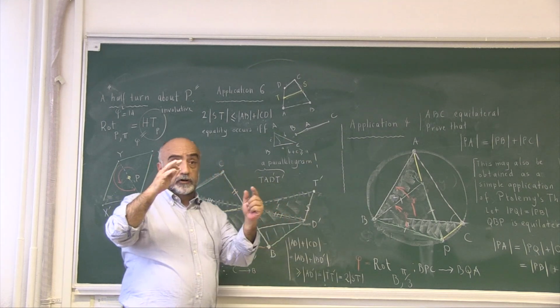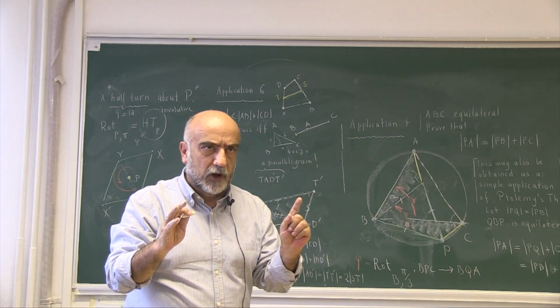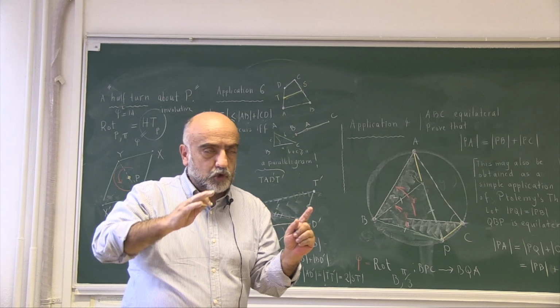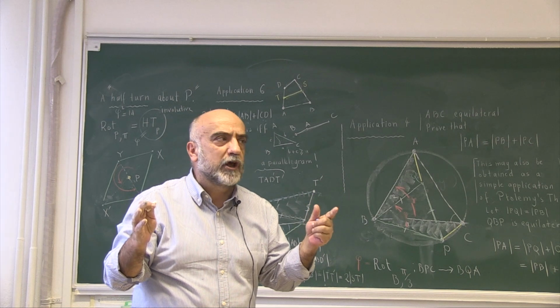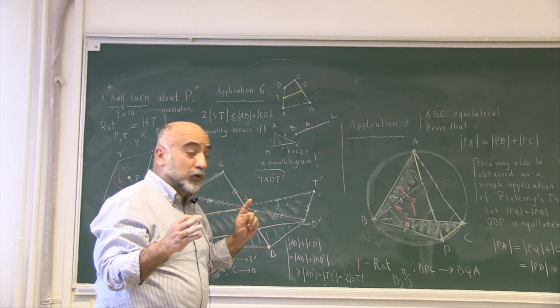So in order for the triangle inequality to become degenerate, your triangle must in fact collapse into a line segment. It must become degenerate. And of course that's not the whole story.